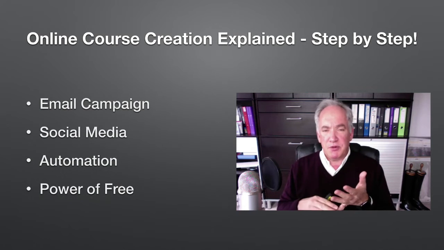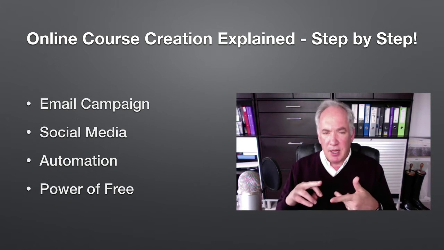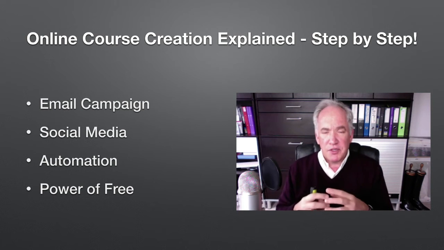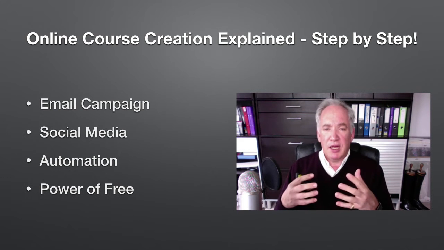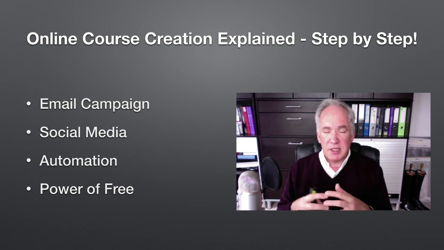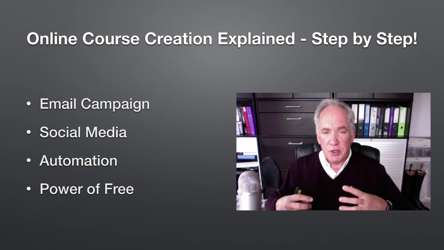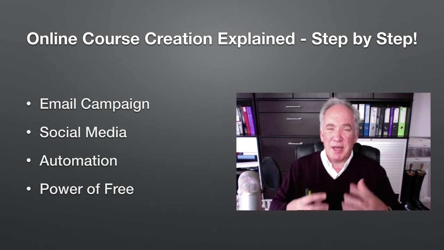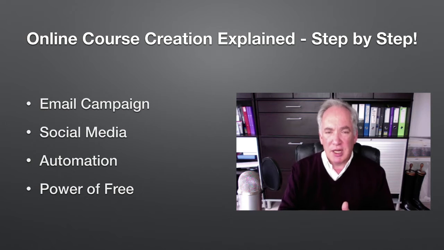There are various platforms for doing this: Infusionsoft, ActiveCampaign, MailChimp, Aweber. There's a number of solutions which you can use. They cost a few dollars, but they're not vastly expensive. But it does mean once you have the email address, you can start to market on a consistent and automated basis, and we'll talk about automation in a moment, to your audience.